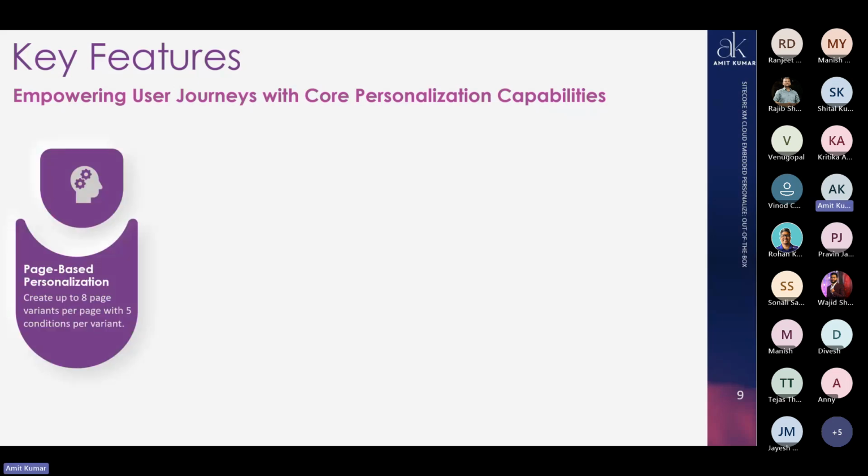It's page-based personalization, where you can create up to 8 variants per page with 5 conditions per variant. In XP, if you have worked in XP, you can have n number of personalization rules on a specific component, right? But here you are doing the page-level personalization. So that is the major difference.